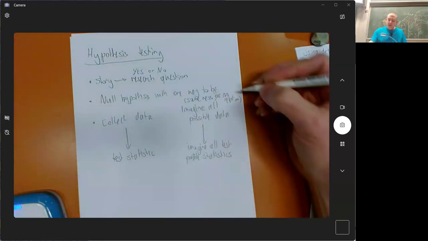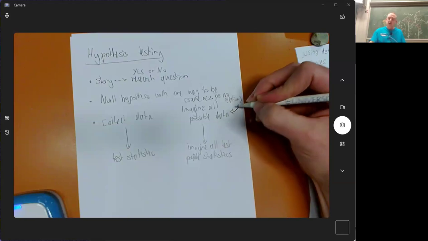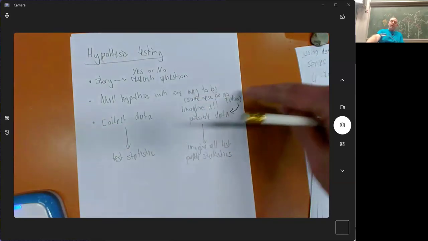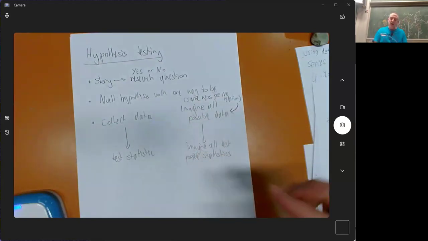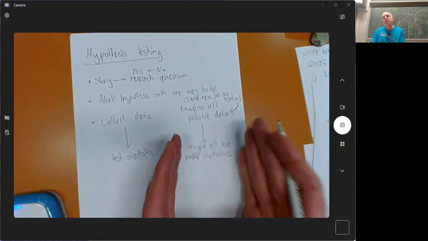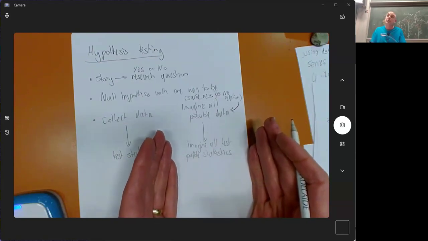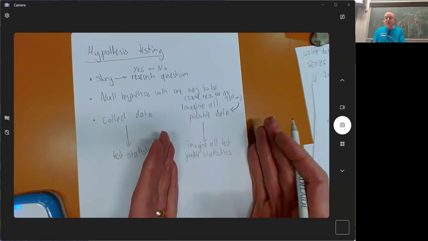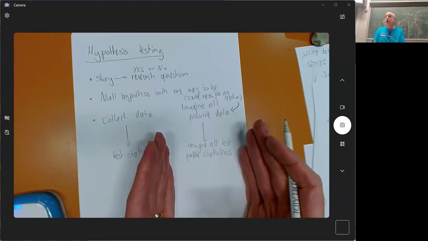And so you pick a null hypothesis and you imagine that null hypothesis. You think, well, what if that null hypothesis is true? And we imagine all the data that could have been and all the statistics that could have been. And when you imagine all of the things that could be, what you're doing is calculating a probability distribution. A probability distribution is a description of all the things that could be and how likely they all are.